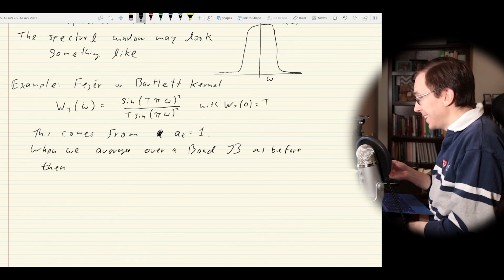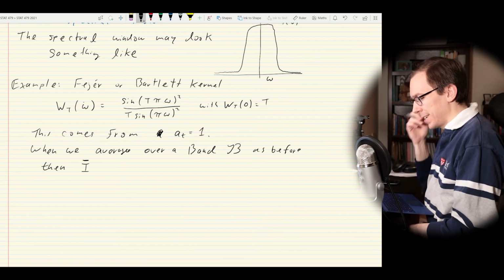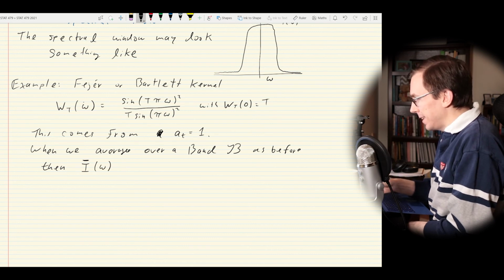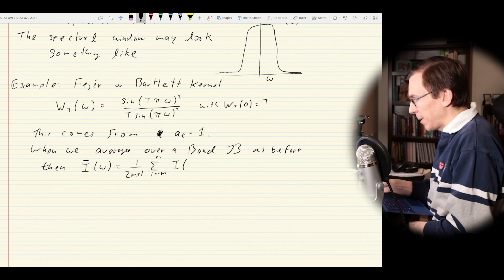I know it's here somewhere. Ah, yeah. What we end up with is, let's just write it out, not the weighted one. The weighted one's just going to be harder to figure out. Then what we end up with is something that looks like I of omega, which is just 1 over 2m plus 1. Same thing I wrote before, but just to make sure it's all on the same slide, I'll write it again. What we do is we average over all these periodograms like that.